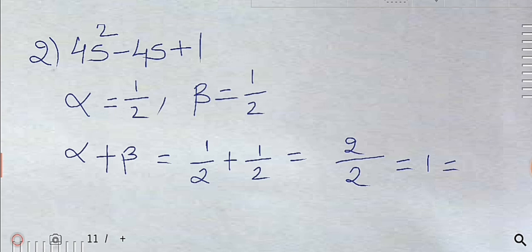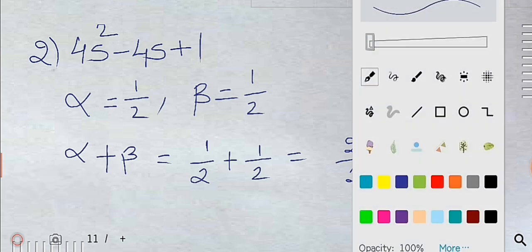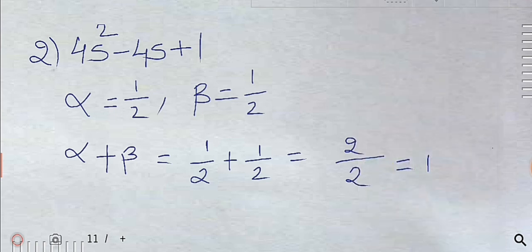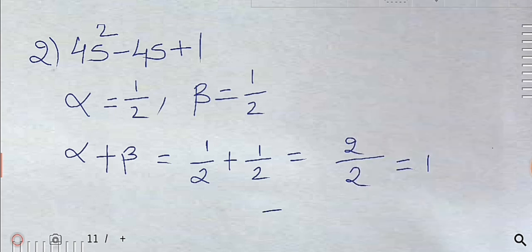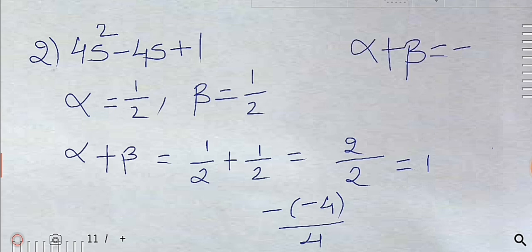Now how can I write this 1? I am writing this as minus of minus 4 by 4. Why am I using 4 here? Because what is the general formula? Alpha plus beta equal to minus b by a.